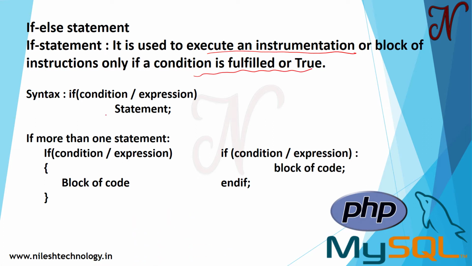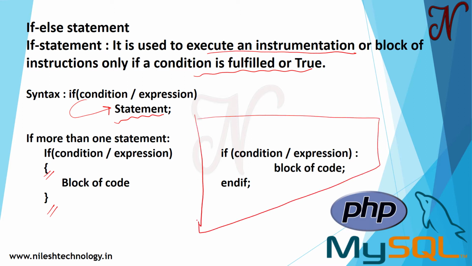See here this syntax: if there is a condition, and the condition is true, then it is going to execute these statements. If there is more than one statement, then use a block, an opening bracket and a closing bracket. This is a new syntax in PHP. If condition or expression, then use a colon.